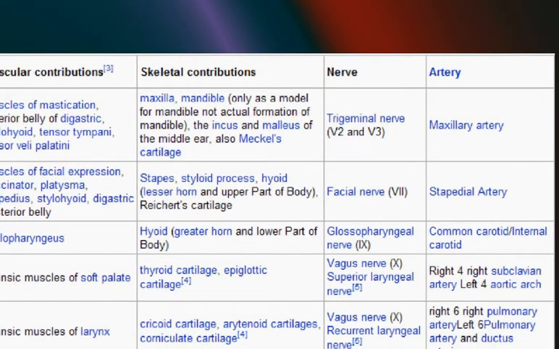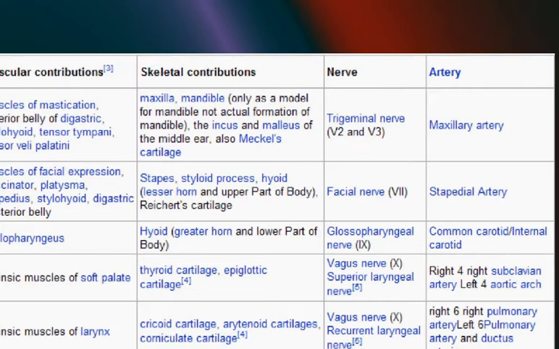Skeletal derivatives of the second arch include the stapes, which is the third ossicle of the middle ear. And the stapes is derived from Reichert's cartilage, which is the primary cartilage that provides support for the second pharyngeal arch, or the hyoid arch.